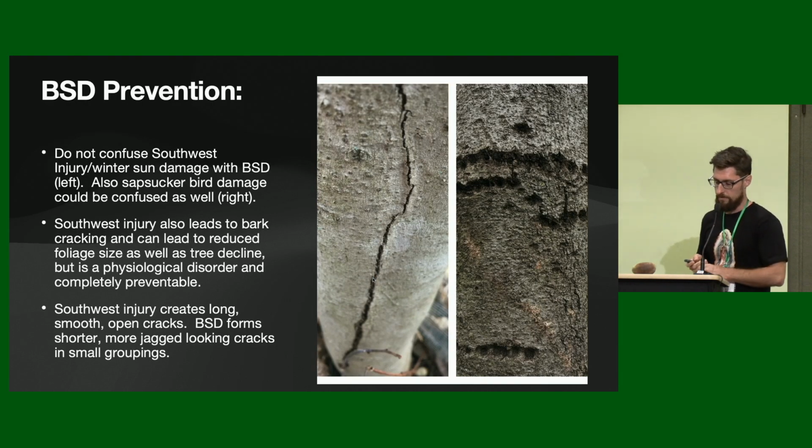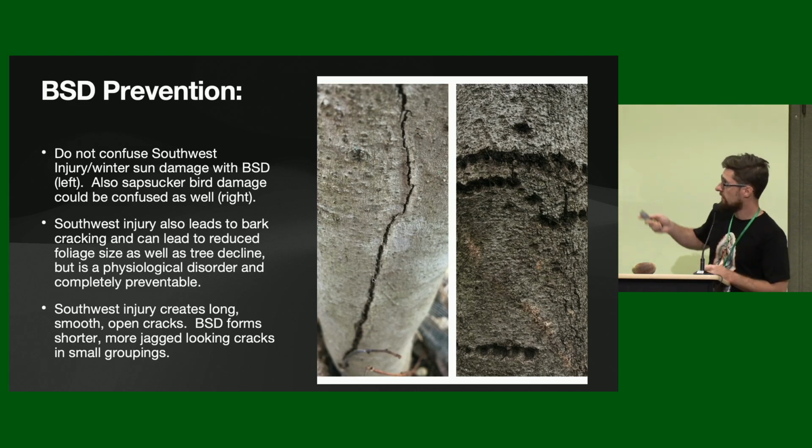Okay, so don't confuse southwest injury or winter sun damage with BSD. So southwest injury is a physiological disease, or not exactly disease, but a physiological condition where the winter sun warms up the south or southwest side of the tree. Sap starts to flow on a warm day.